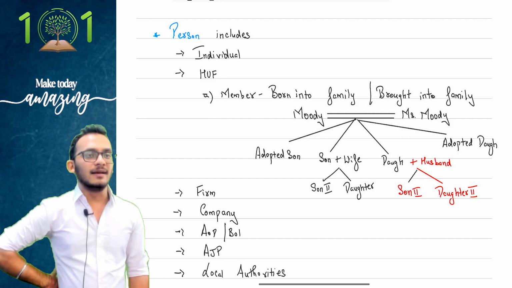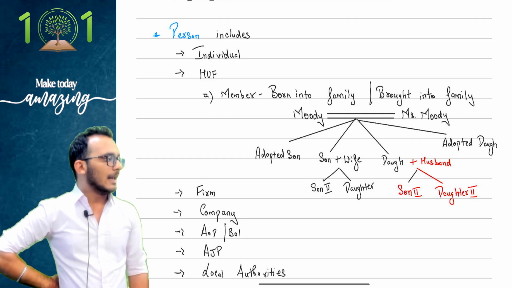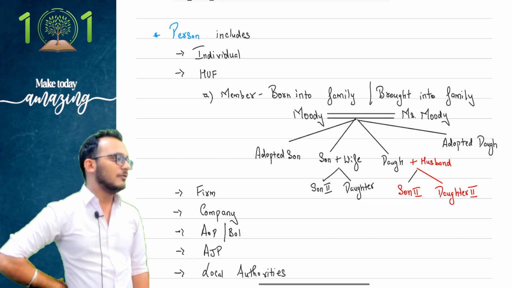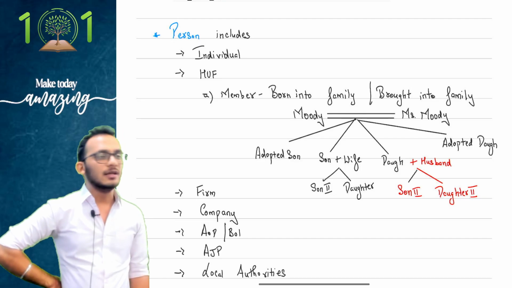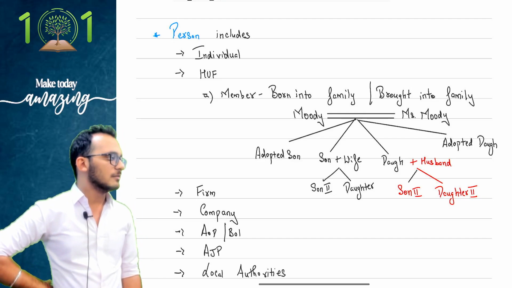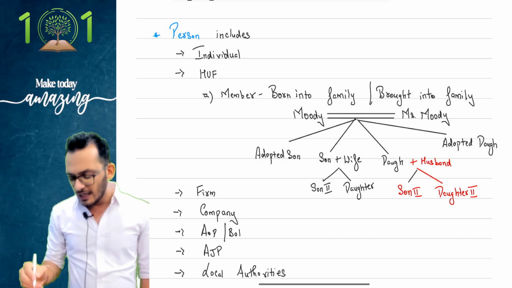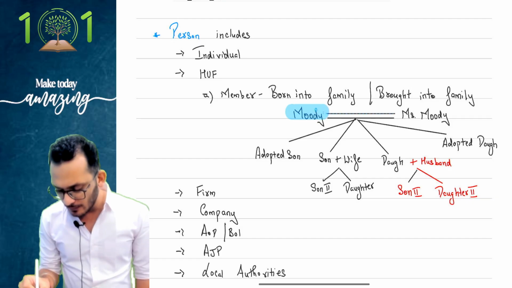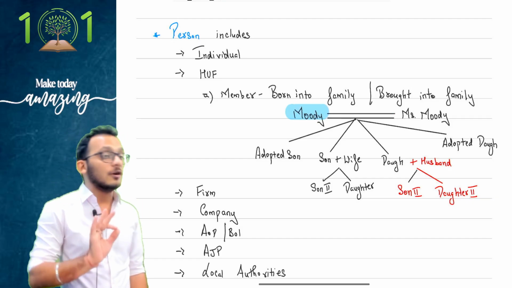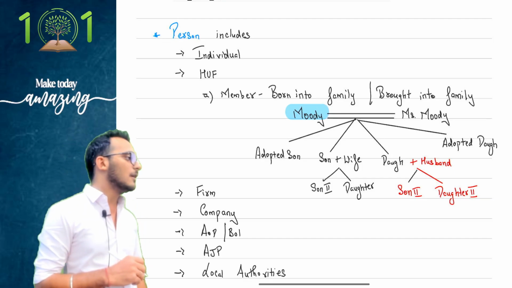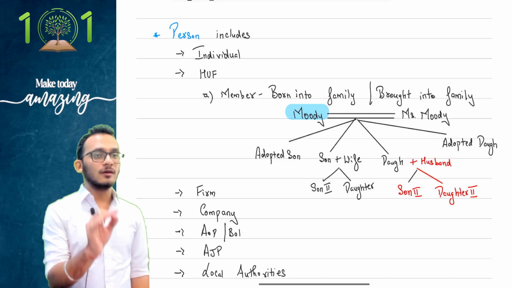It is basically the elder member of the family who is alive at this stage. You may say the wife will always be younger, but that is a different conversation. If that is not the case, she can also become the karta of the house. At this stage, for convenience, I am making Mr. Moody the karta. My question is very simple: who is the co-parcener?